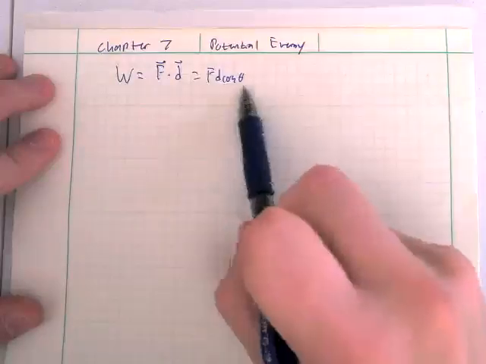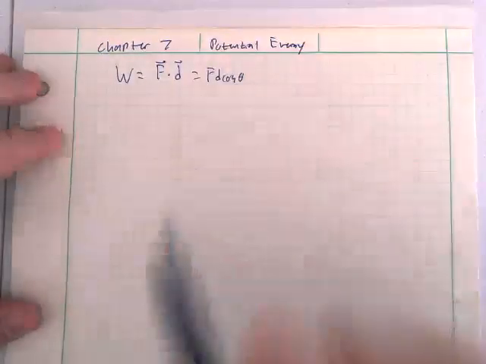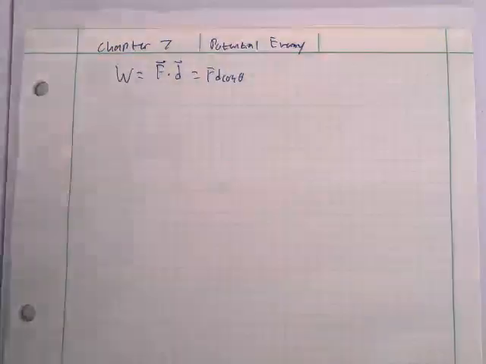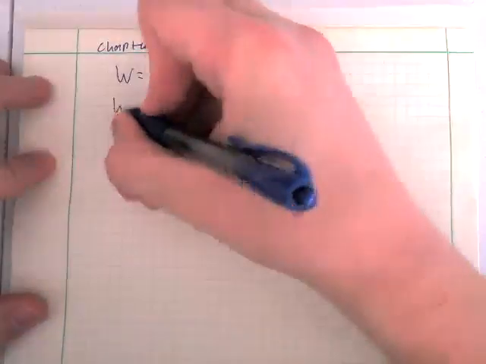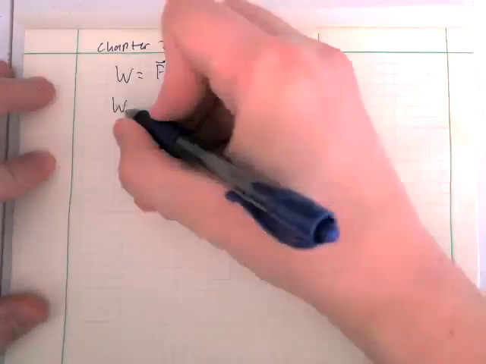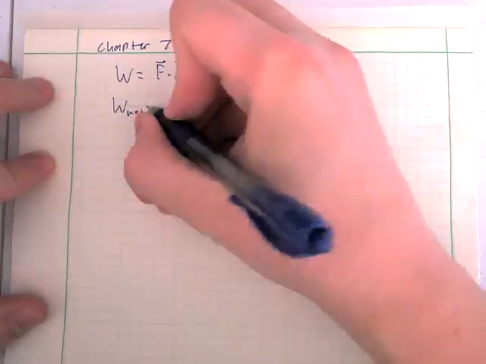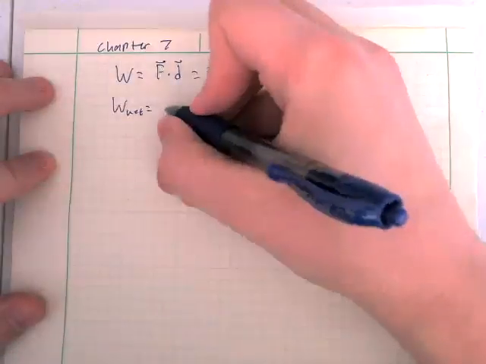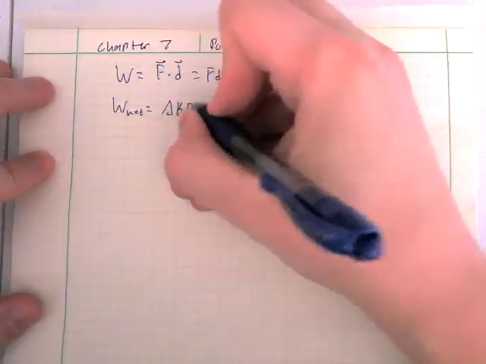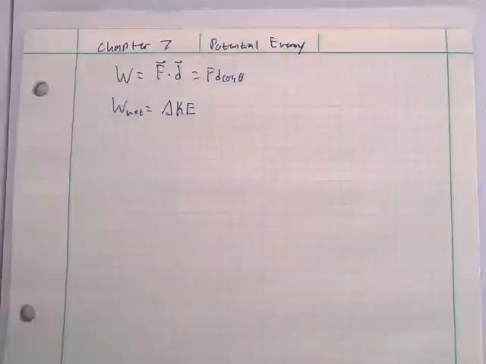So when you have that, your cosine term is non-zero, and you will have work being done by that force. But of course, if we have forces, we can also say what the net work being done by the net force is. We know that the net work has to be equal to the change in kinetic energy of an object, right? So if our object's kinetic energy changes, that means there is some net work being done to that object.